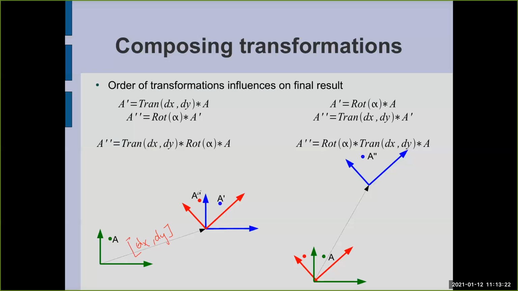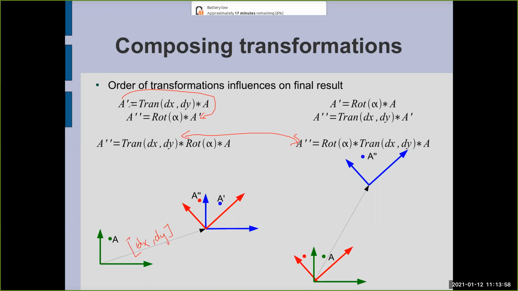Now I'd like to perform rotation of A. So to perform rotation, I have to take the rotation of A prime, and I get A double prime. But if I substitute this value here, I get, okay, it's wrong, it should be switched.